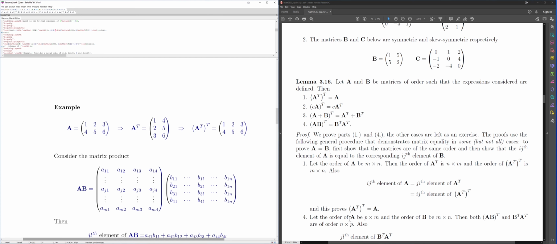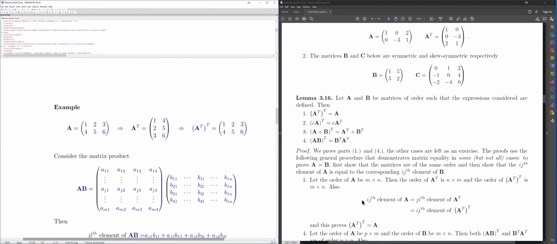So A, I'm calling the order of A P by M. So M is the number of columns of A, and B is the number of rows of M. So this matrix multiplication is defined, because in order for AB to be defined, the number of columns needs to be equal to the number of rows.